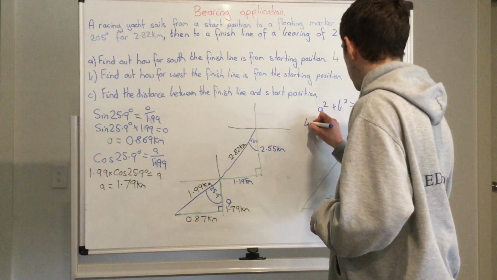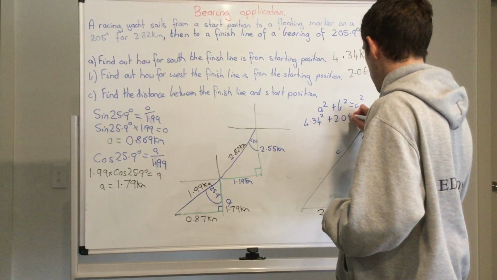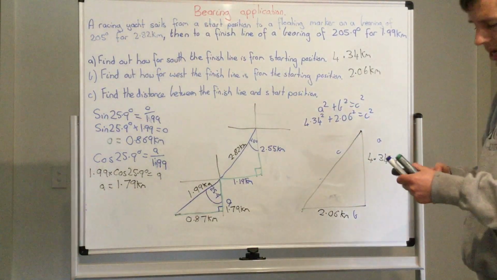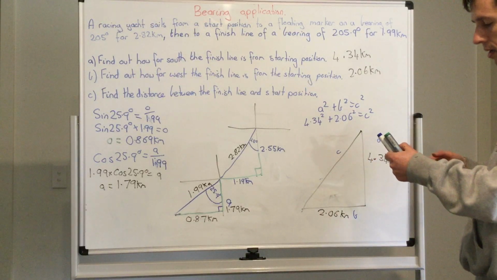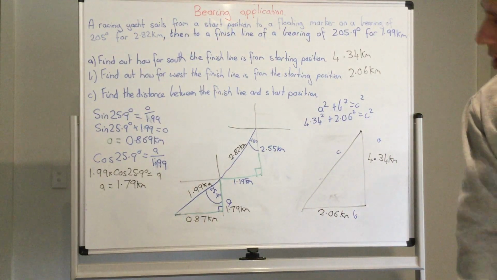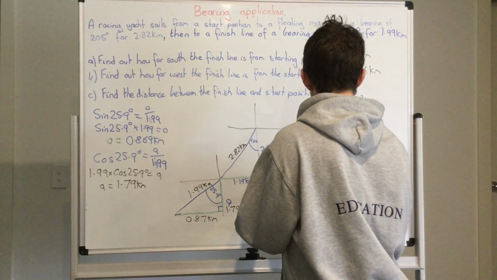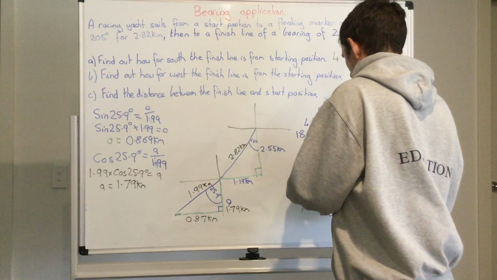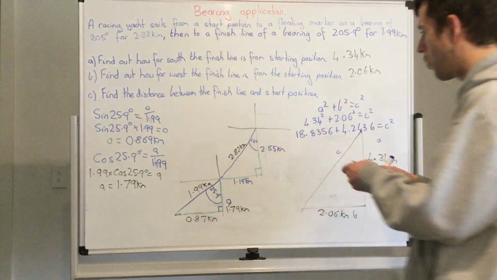So 4.34 squared plus 2.06 squared equals c squared. I'm not going to do that in my head. I'm just going to do that using a calculator. 4.34 squared is 18.8356 plus 2.06 squared is 4.2436 equals c squared.